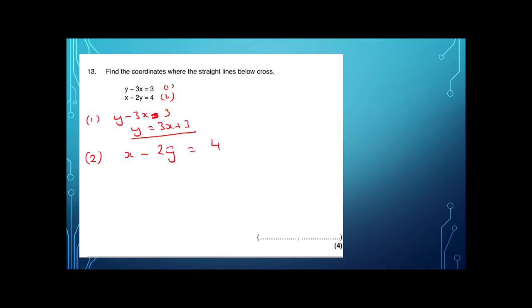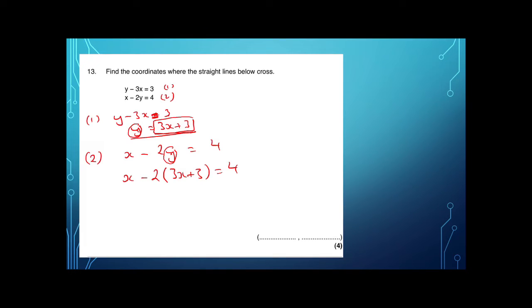Going to replace this y here with this y here, which is equivalent to this. So x minus 2. Now 2y means 2 times y. That y there is the same as 3x plus 3, and that equals 4. So there's a slightly different technique here.